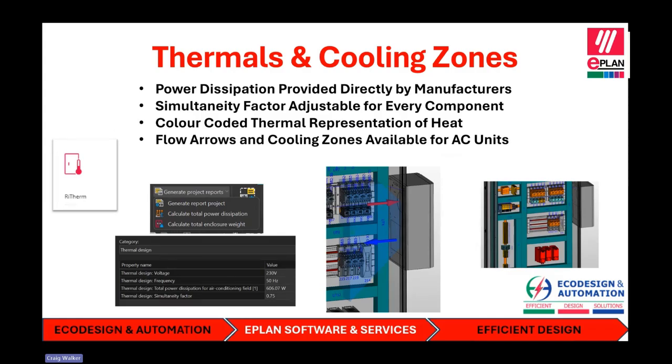And then the thermals. So there's a number of thermal views that are available in ProPanel to check the thermals for your panel. There's airflow, which is shown by the arrows, the red and blue arrow you can see here. And it has optimal cooling zones for elements like air conditioning. So obviously when you're doing your planning, you want to make sure that you get your VSDs or your cooling is covering where your VSDs are actually going to be placed to ensure that everything's kind of lining up that way.